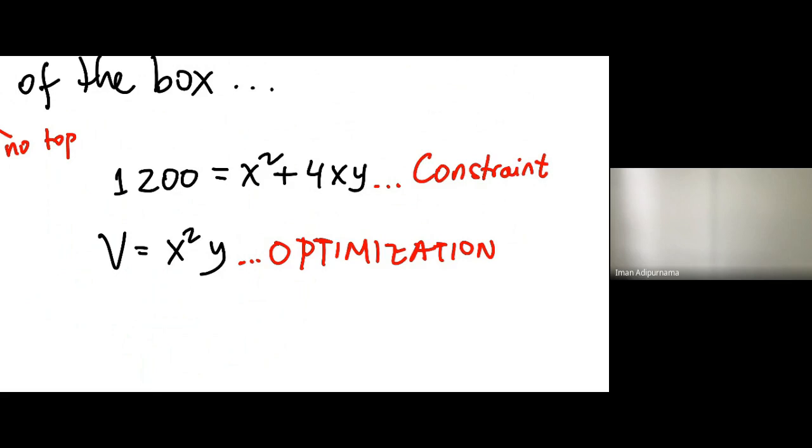We have a limitation of 1,200 on making the volume, so we call it our constraint. In all these cases, you need to find these two, derive, and sometimes substitute x and y based on this 1,200. As simple as that.